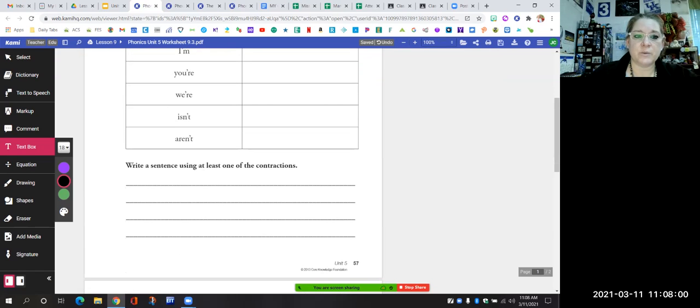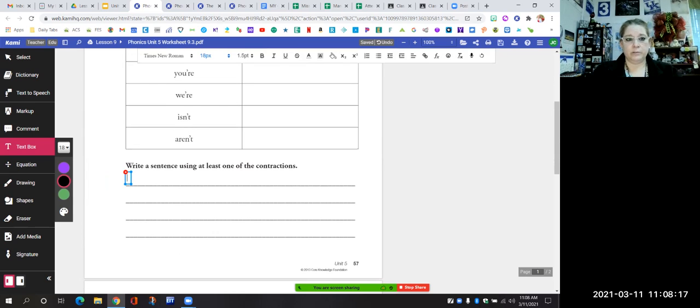Good. So you're going to do that. And then here it says write a sentence using at least one of the contractions. So you're going to write the sentence, and then I would like for you to use your circle to circle it so I see what contraction you used. I'll give you an example.